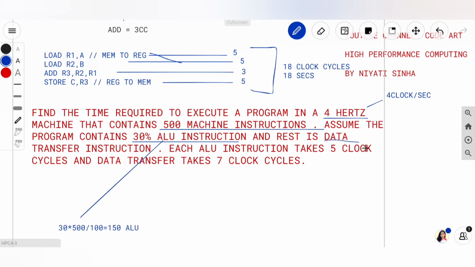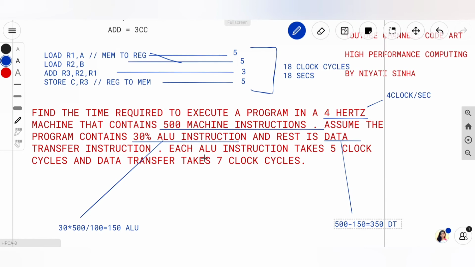How many data transfer instructions are there? 100% are total, so the left one is 70%. 70% are data transfer instructions. As we know, 150 instructions are ALU and the total is 500, so obviously the left one is 500 minus 150, that is 350 instructions are data transfer instructions.